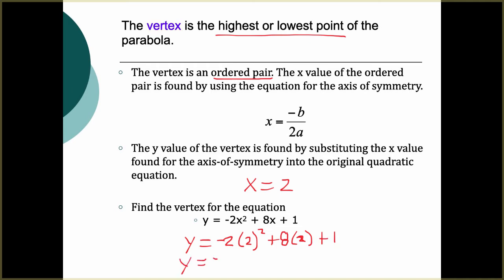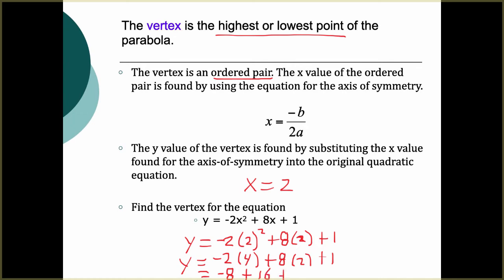So we have negative 2. We always have to do our exponent first, so 2 squared is 4. So now we have negative 2 times 4. I'm going to leave it separated right now. 8 times 2 plus 1. And then we have negative 2 times 4. I'm running out of room, but we'll squeeze it in here. We get negative 8. 8 times 2 is 16.